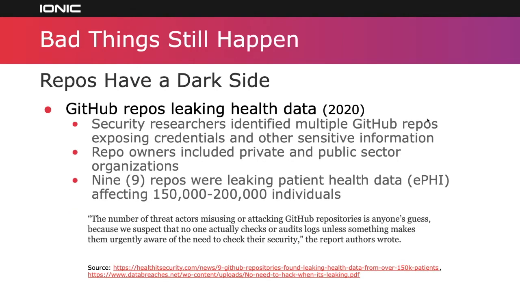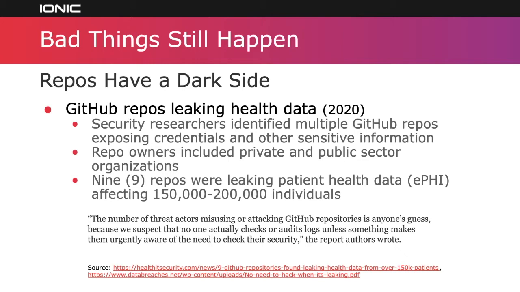Another more recent example, and I found this online just a few weeks ago, still revolving around GitHub, security researchers were actually able to identify GitHub repositories from which credentials and other sensitive information, in this case, medical health records, were leaking.